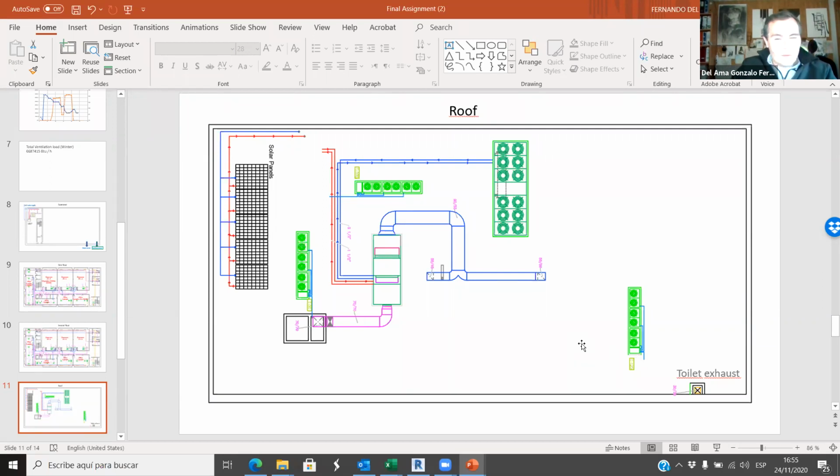Why would I want to do that? Because that depends on the efficiency. So this element has an efficiency, the water heater has another efficiency, and this heat pump has a different efficiency. Those efficiencies depend on the indoor and outdoor conditions.